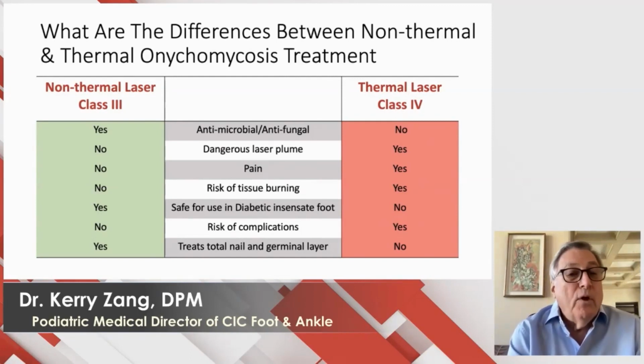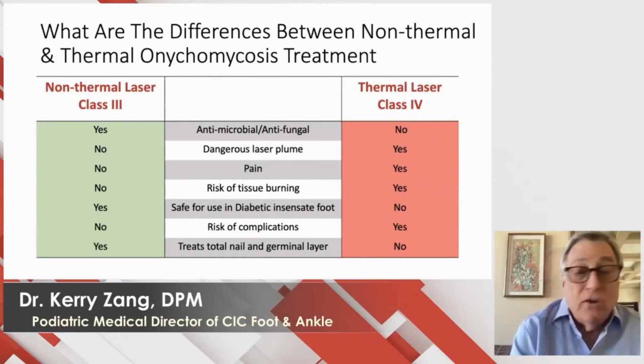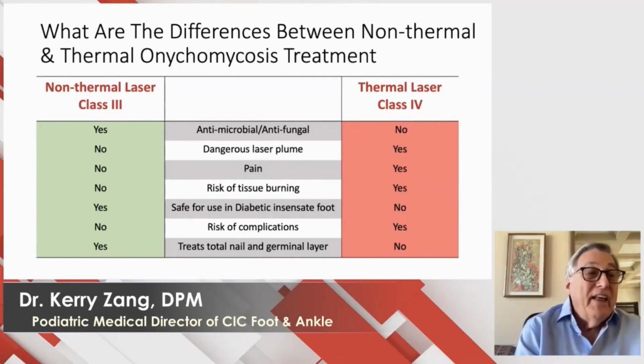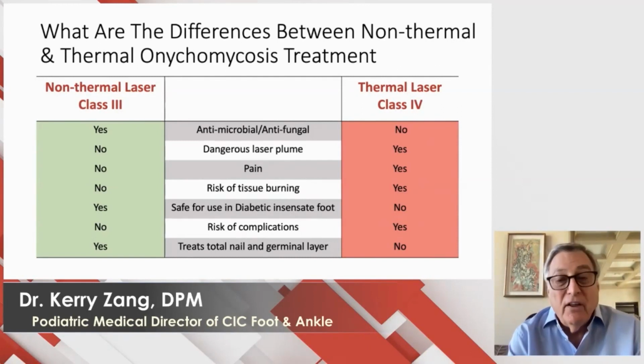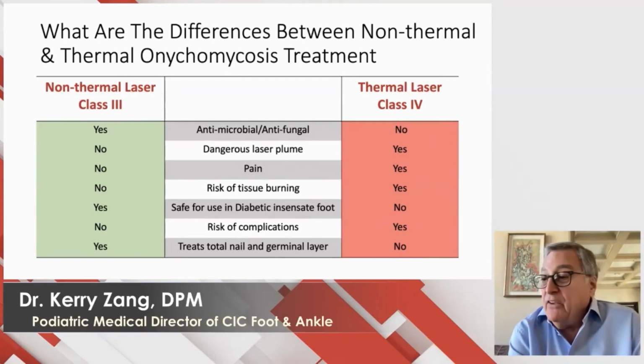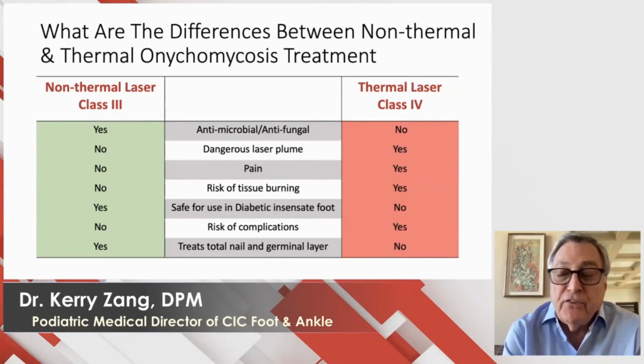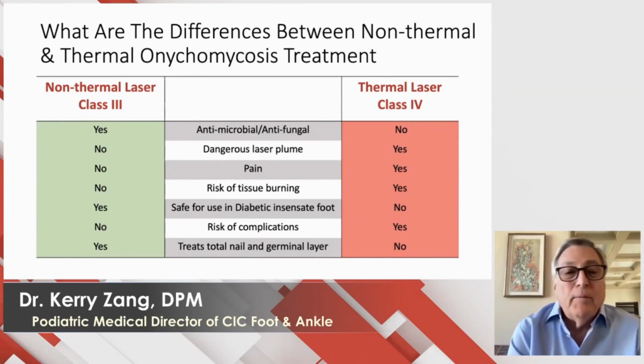In fact, with the non-thermal laser, the highest that the treated temperature can get is 37 degrees centigrade, which is 98.6 degrees Fahrenheit. You cannot burn the tissue. The spot size is 8 inches or so, whereas the spot size with the thermal lasers is 2 to 4 millimeters.